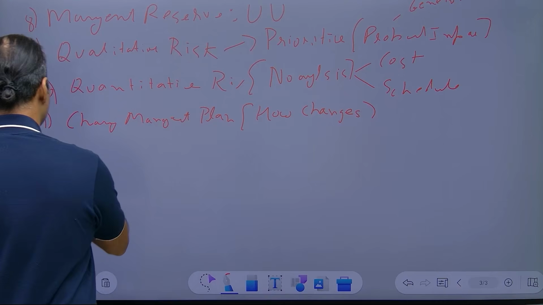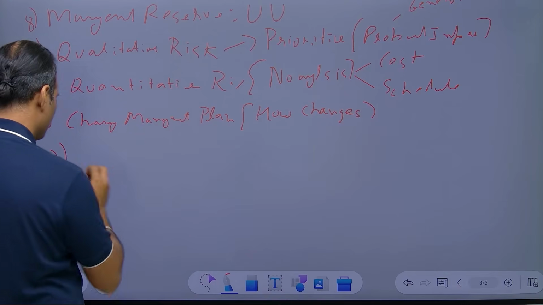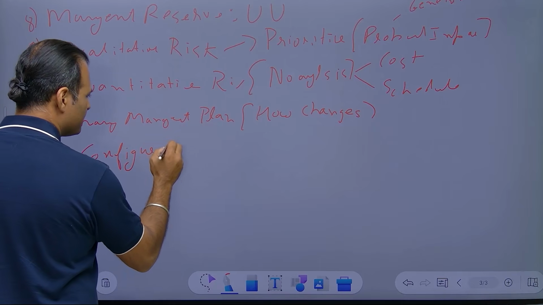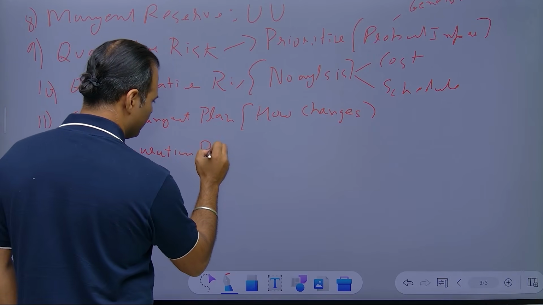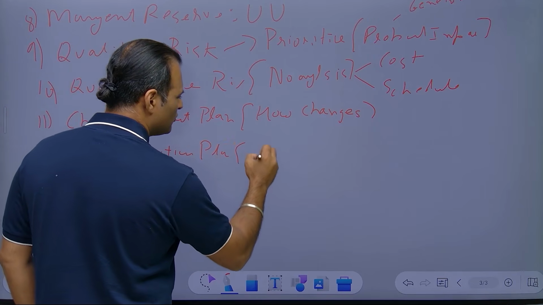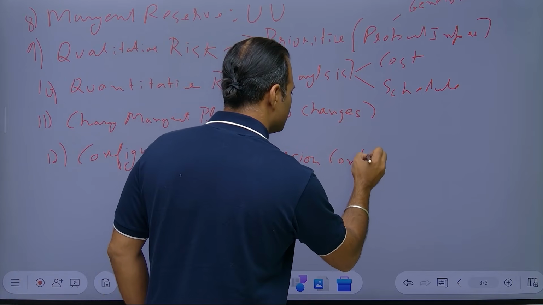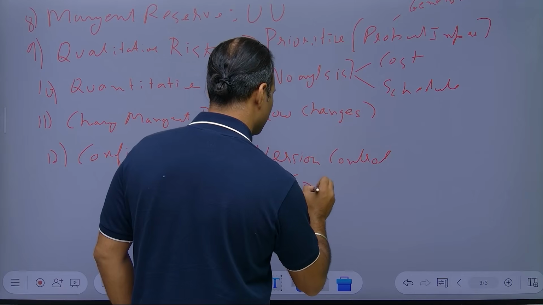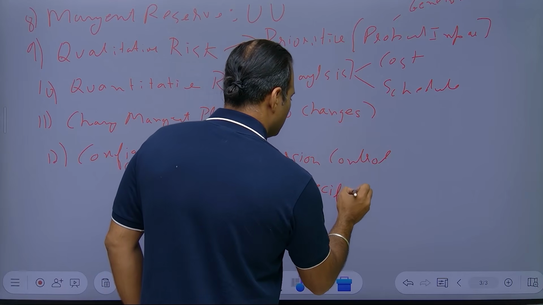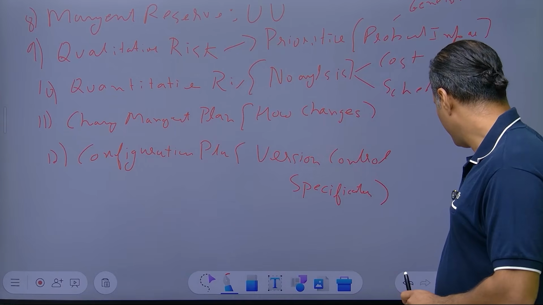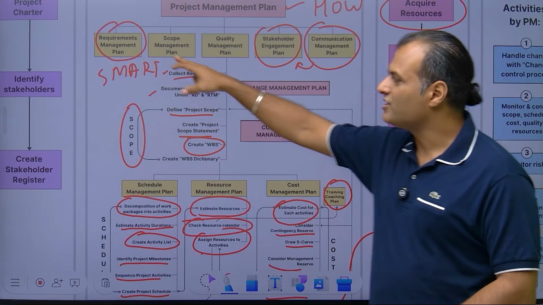And configuration management plan, don't worry, I'll explain to you, let me first write it down. Configuration management plan is all about version control, specifications. What do I mean by that? Now the change management plan will tell you how I will manage the changes if a requirement comes.